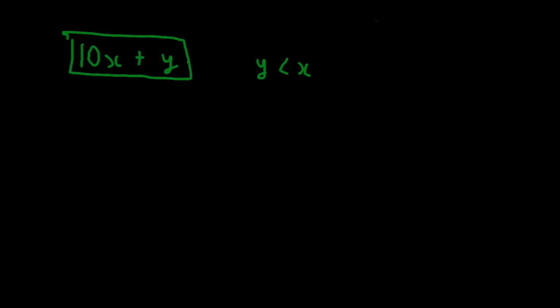So the two digits are x and y, so their product is 24, and the difference is 5. Now we've been given that y is smaller than x, therefore x minus y is equal to 5, not y minus x, because y is smaller, so we get a negative there. That's the reason why they've given that information. So x minus y is equal to 5.